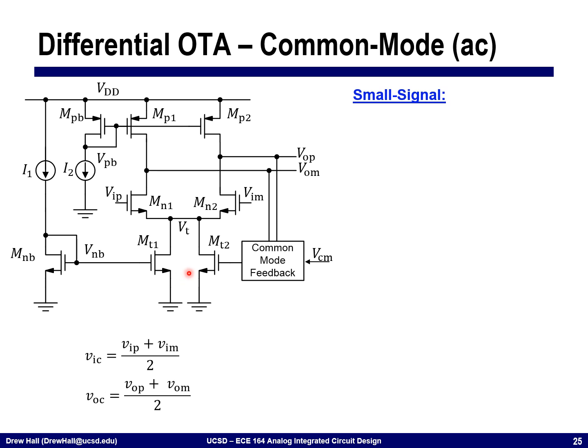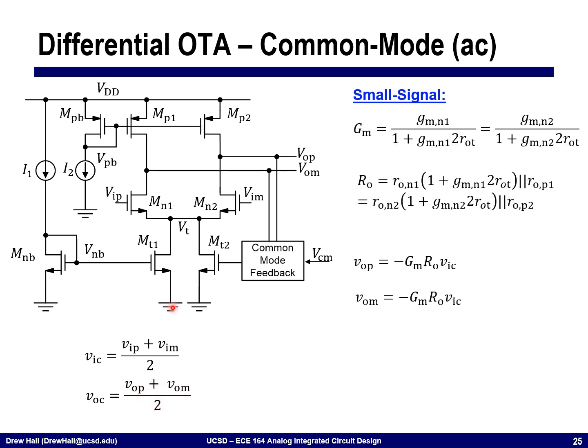On the common mode input, same kind of thing, except for now I'm tying VIP and VIM together. And so I have an input common mode voltage that's going to be VIP plus VIM divided by 2. I also have the common mode output voltage, which is again VOP plus VOM divided by 2. The small signal half circuit now is slightly different.